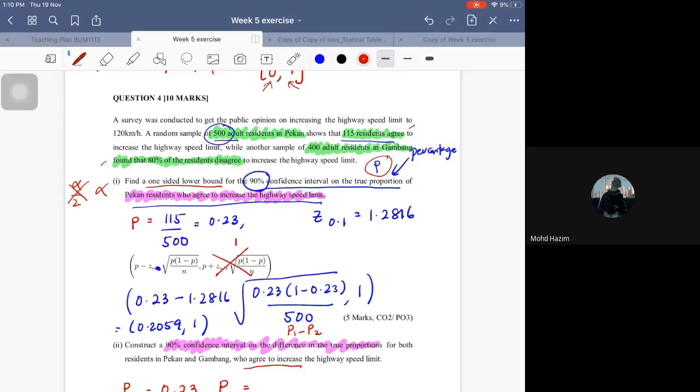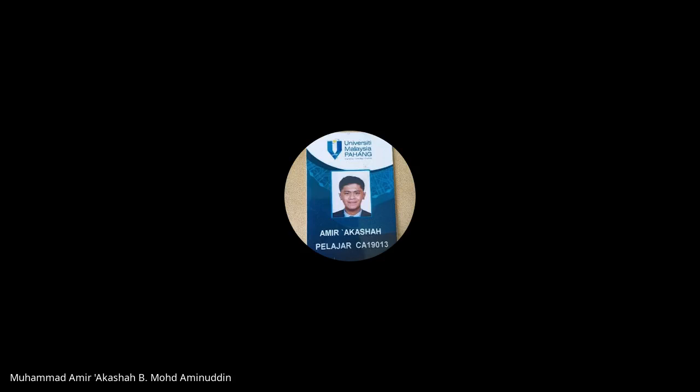Can anyone tell me the limit? For this one, you don't really have to do a calculation. You just have to read the question very carefully. It will be in the last sentence. The question says that 400 adult residents in Gambang were surveyed and 80% of the residents disagree. So it's been given over here: 80% disagree.